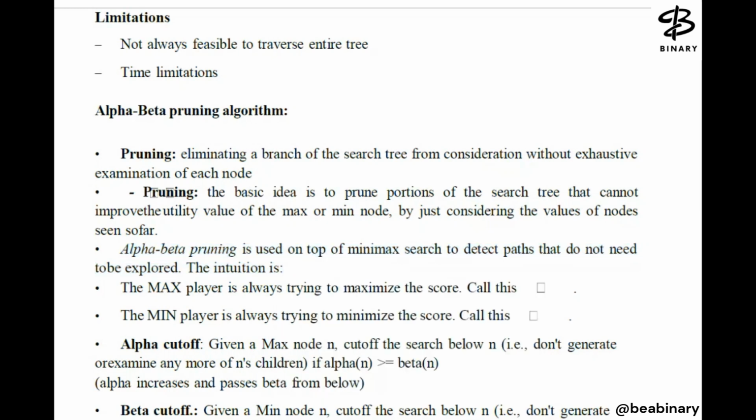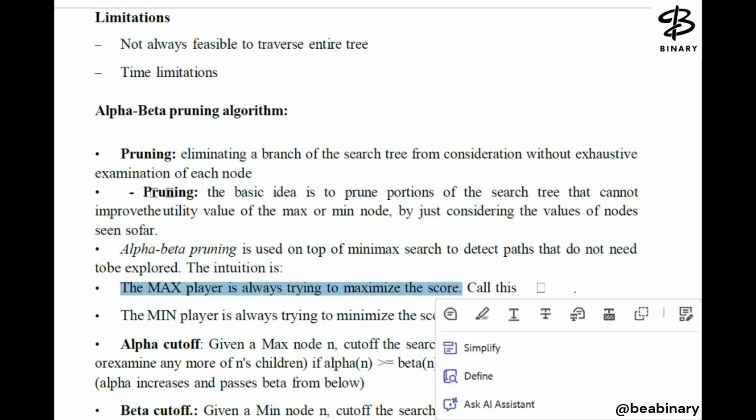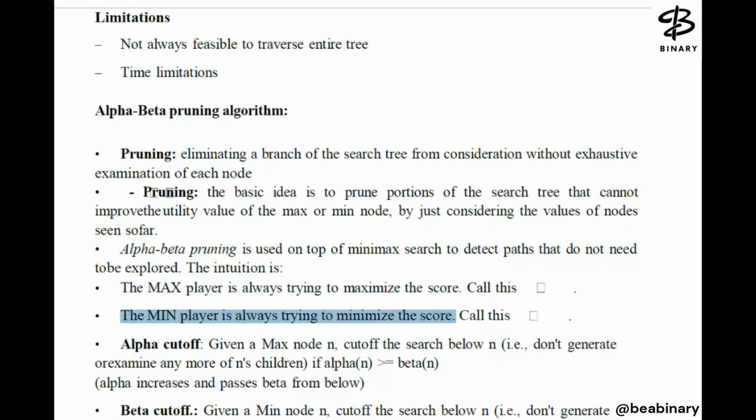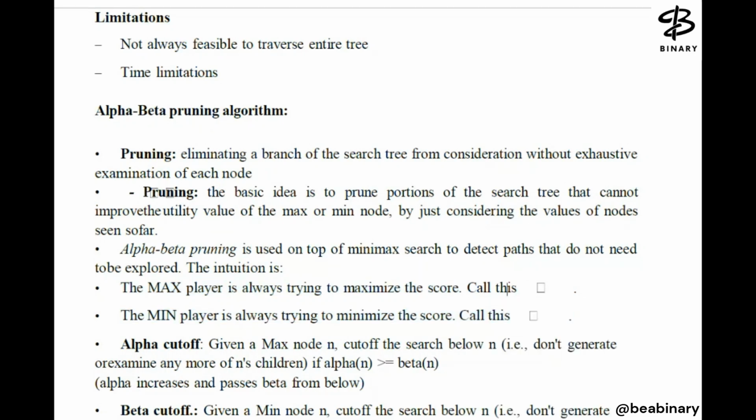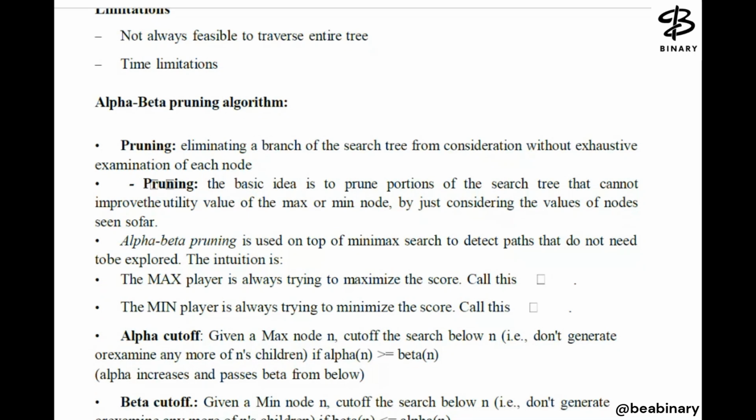We will simply eliminate the part that need not be explored. The max player is always trying to maximize the score and the min player is always trying to minimize the score. This is because the opponent performs the opposite function when we are talking about two-player games.